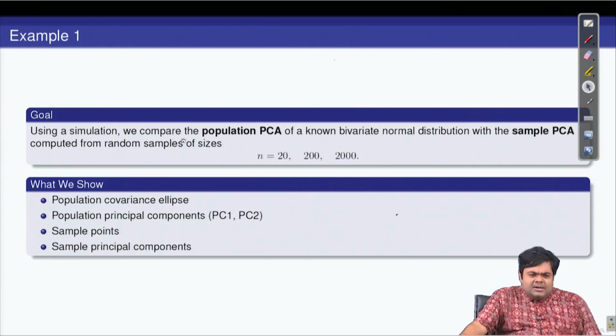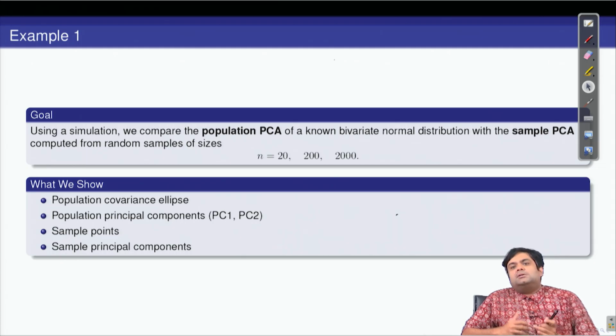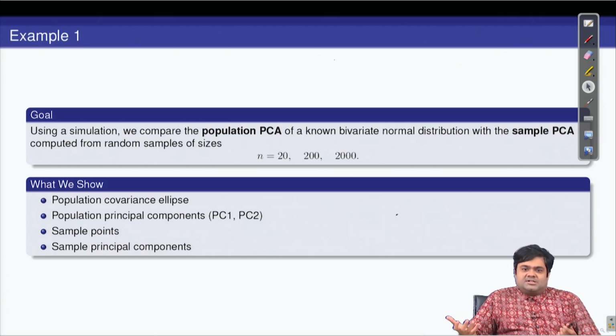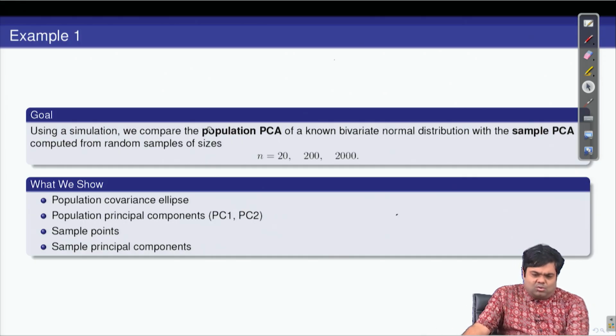Now, however, as we were discussing, as sample size increases, sample principal components tend to become very close to population principal components. We show this using a particular example. We draw three samples, one of size 20, one of size 200, one of size 2000, from a bivariate normal distribution.